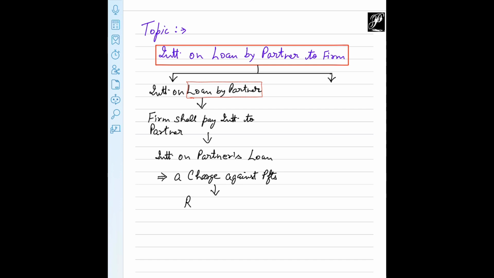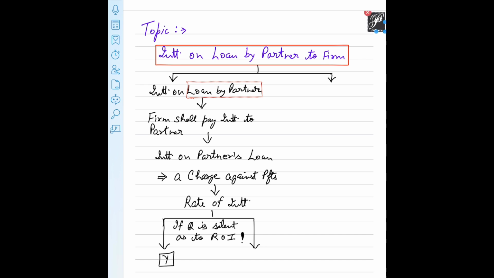So let's discuss rate of interest. If the question is silent as to rate of interest, it shall be allowed at 6% per annum.